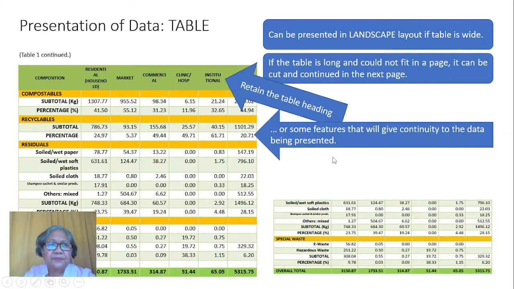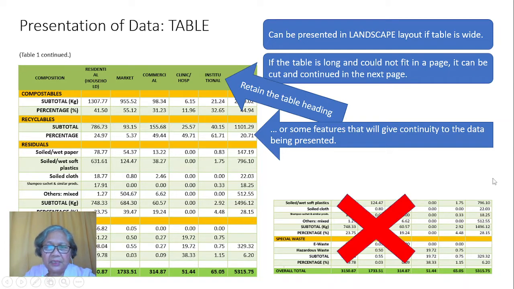If you have the table heading, you will see that this column is with a residential product generated by households. This column here is generated by the market, and so on. See? So that is not allowed.